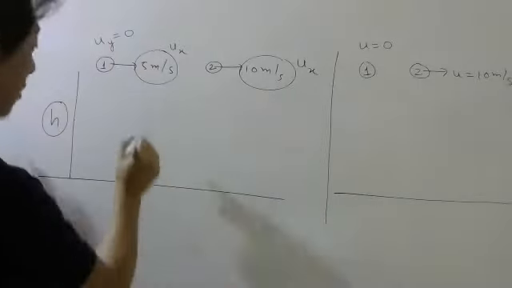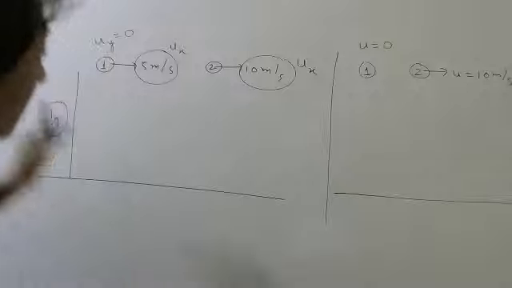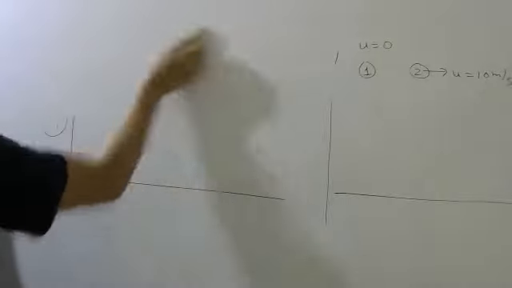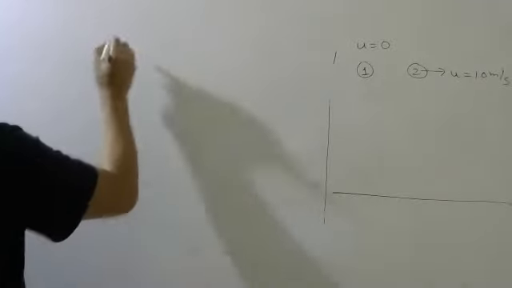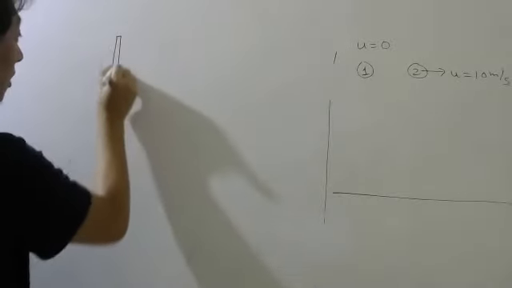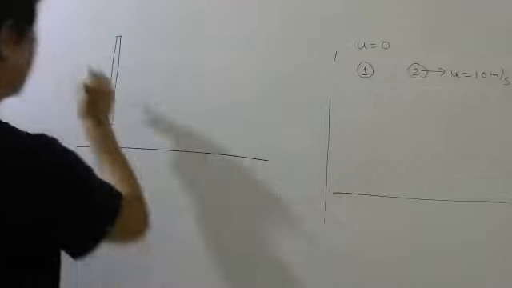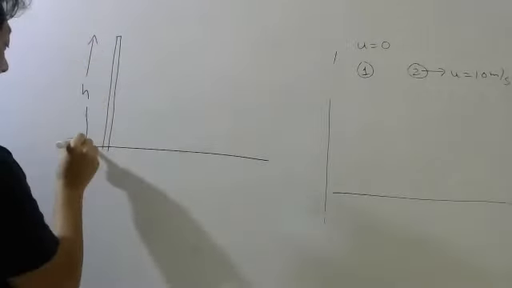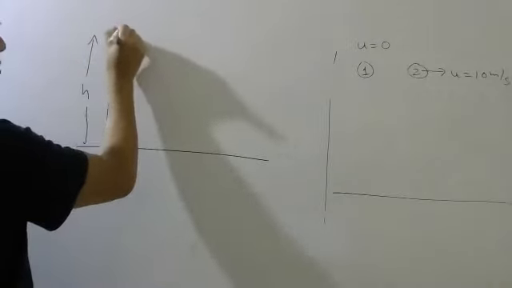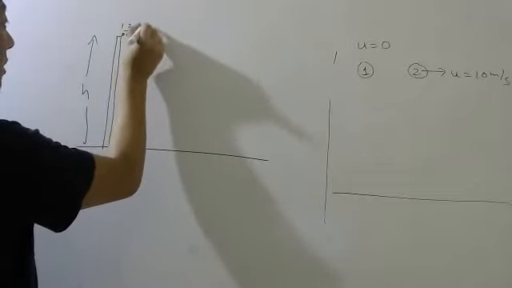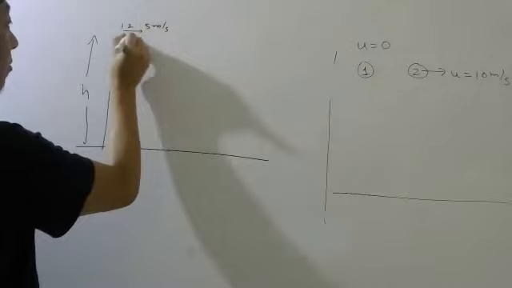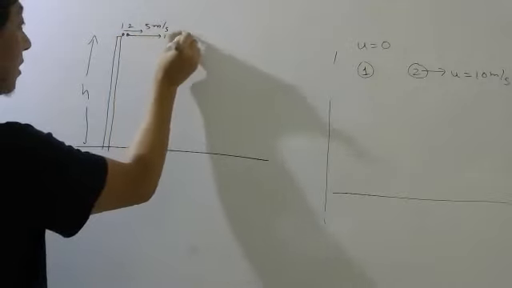Okay, so if I show you a picture of how it looks. Suppose imagine from this tower of some height, I throw two balls, ball number 1 and ball number 2. Ball number 1 is, let's say, 5 meter per second. Ball number 2 is 10 meter per second.